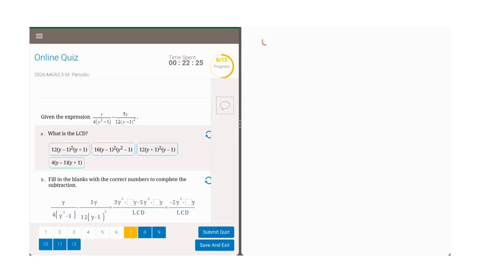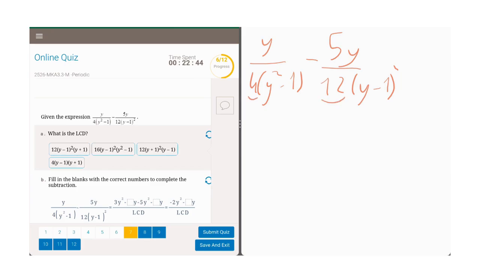For this question we have y over 4 times y squared minus 1 minus 5y over 12 times y minus 1 squared. So to take the least common denominator, we have the constants 4 and 12, which make the common multiple 12. And then to factor y squared minus 1, we have y minus 1 into y plus 1.